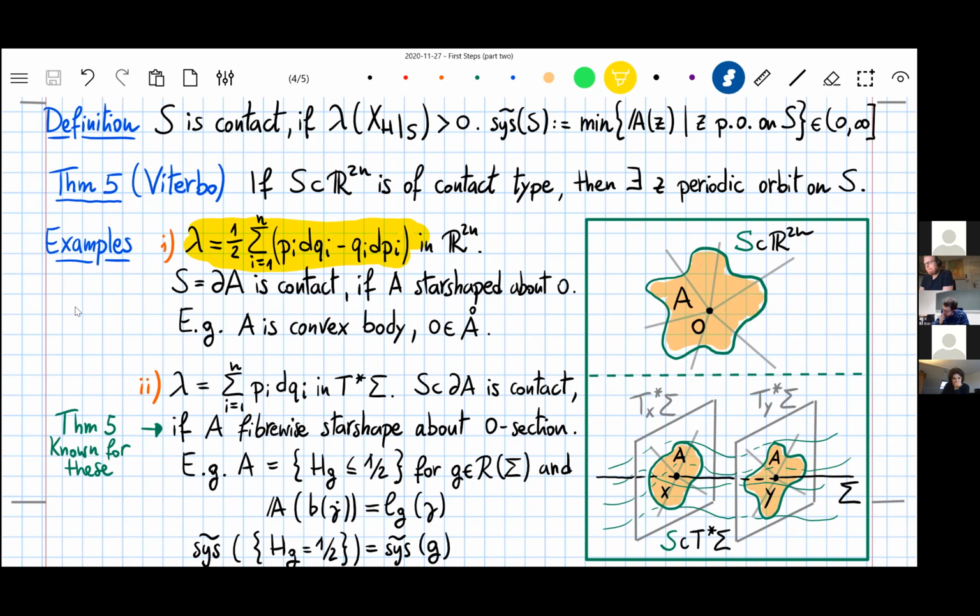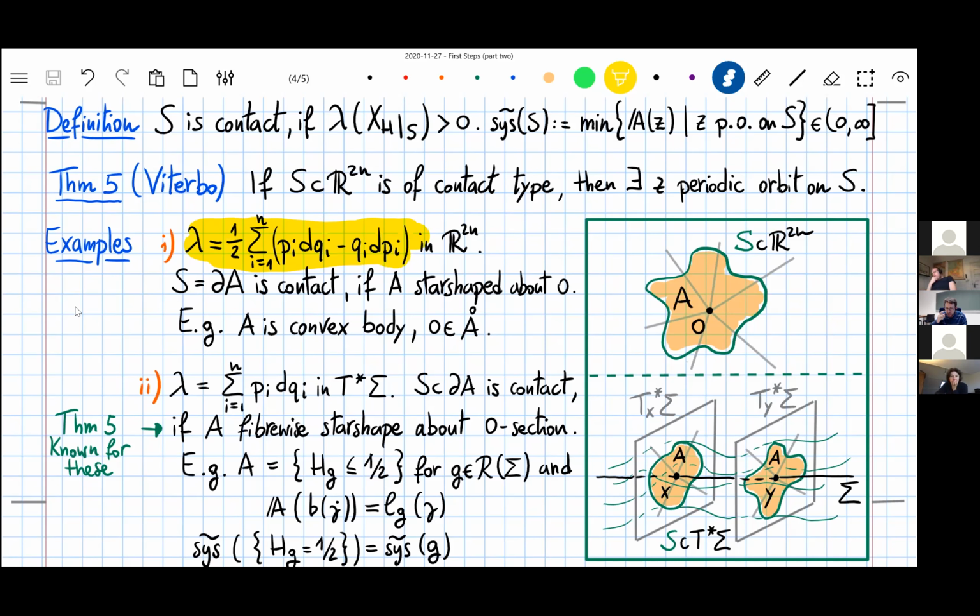Then the other setting is the setting of cotangent bundles. In this case, you cannot take p_i dq_i minus q_i dp_i because the q_i are not globally defined as coordinates. But still, you can take p_i dq_i as a primitive. So now what you consider are things which are fiberwise star-shaped.